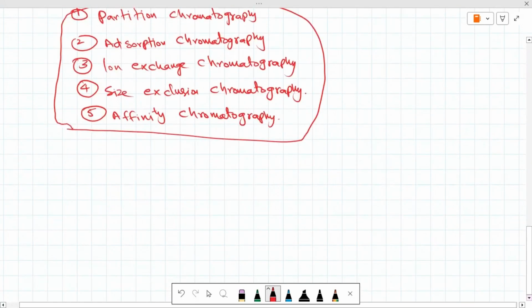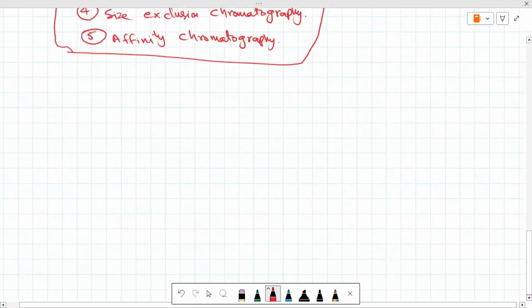Let's discuss them one by one. First is partition chromatography.